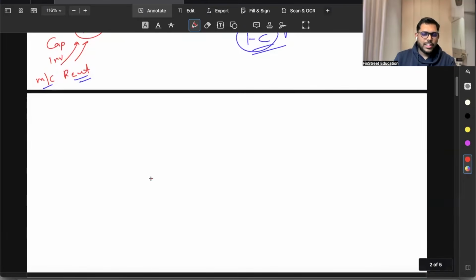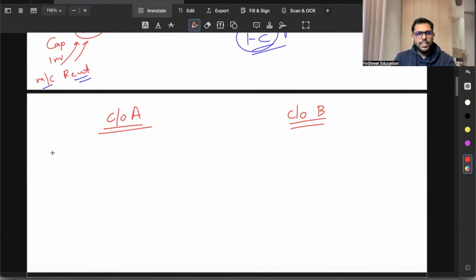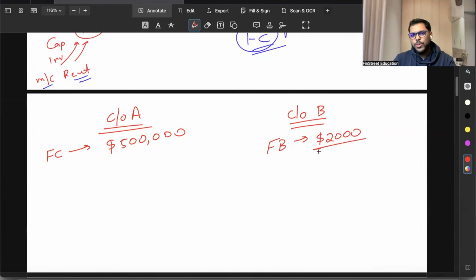ठीक है. तो शंकर, let me give you two businesses to invest. Company A, Company B. यहाँ पर to start Company A, fixed cost required is $500,000. And यहाँ पे to start Company B, FC required is only $2,000. When you want to start this business, खुद से manage कर सकते हो पैसे? $2,000, right?